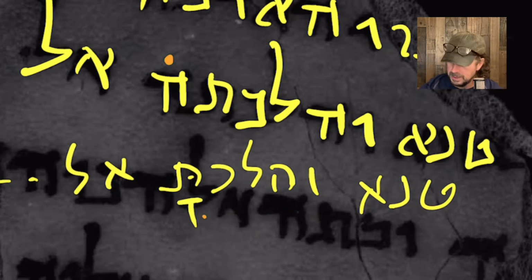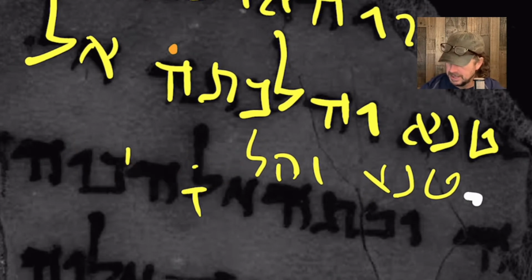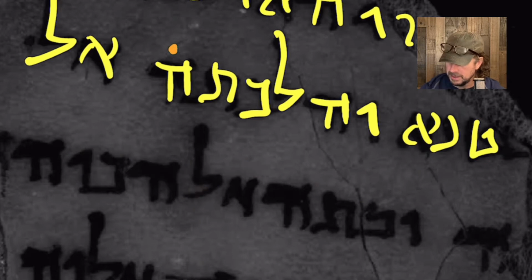But what we see in the Qumran text is that added hey. So Elohecha, we use that hey to say vehalachta. They add the hey to communicate a vowel, a pronunciation. It doesn't change the meaning of the word, but it changes its visual representation is all. Okay, so I'm going to erase that because I wrote on top of the other text there.